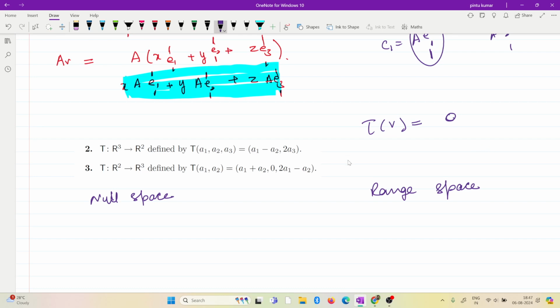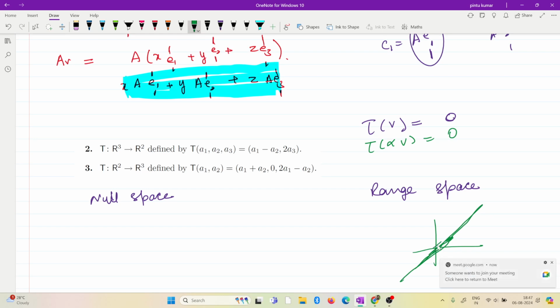Then we can say that T of alpha v is also equal to 0. So if you take any vector on this particular line, of any length, and it goes to 0, then the whole line will go to 0. So if you have any non-zero vector going to 0, then you have a complete space of vectors going to 0.